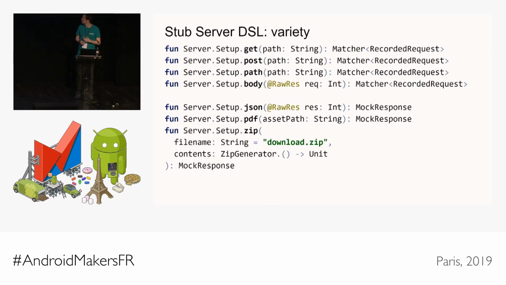And then we have the different types of responses. So we can create a JSON from raw resources, we can create a PDF file from the assets, and we can even generate zip files on the fly. It's really up to what you need.